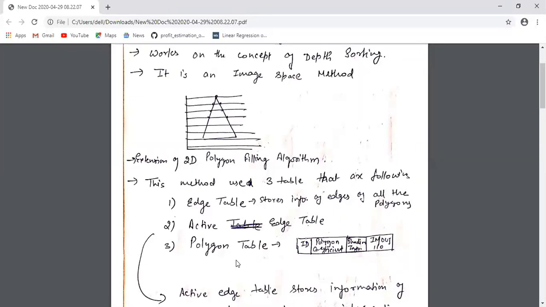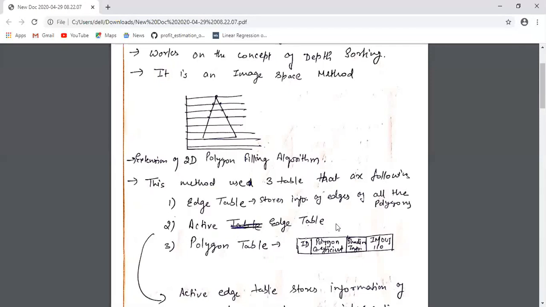I will not go into depth about the information stored in these tables because it is not required. The important thing for this algorithm is the active edge table. Obviously, this algorithm makes use of the information stored in the edge table as well as the polygon table, but we can understand this algorithm with the concept of the active edge table.